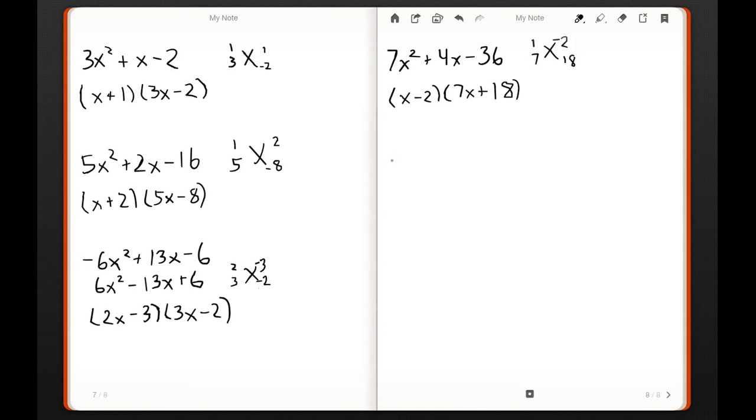Okay, a few more here. With this one, it looks very difficult, but always remember there are often things you can do before you start. First, we have a negative in front of here. We want to get rid of that. But while we're doing that, look at 8, 52, and 28.